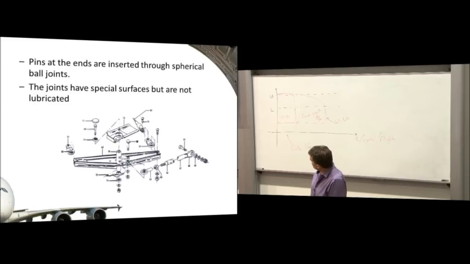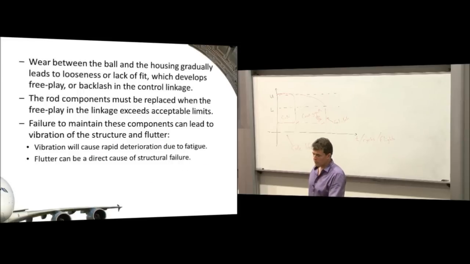Now, the biggest problem with wear is not that the material's being removed. That is generally a relatively small issue. The biggest issue with wear is that it generally leads to slack in the system. Wear will reduce the stiffness of a particular linkage chain.